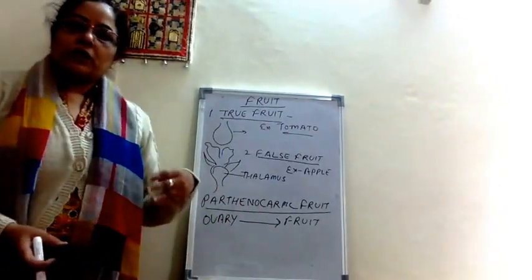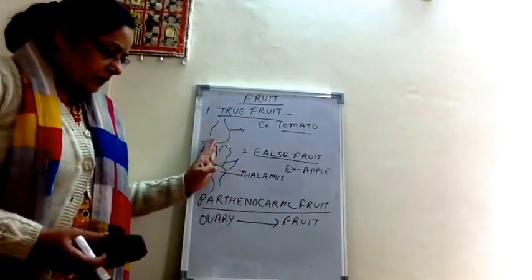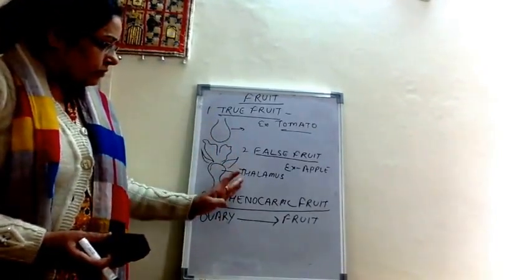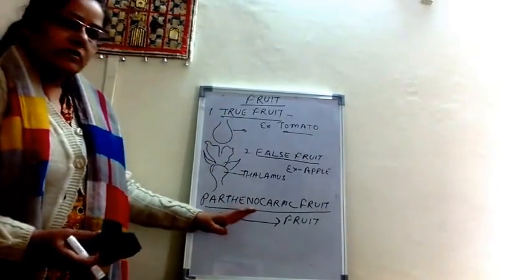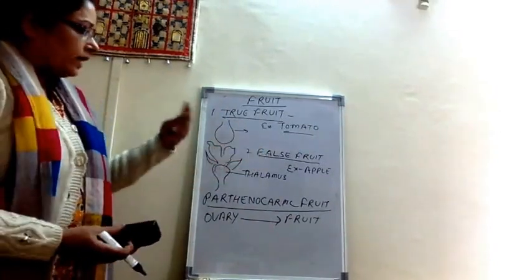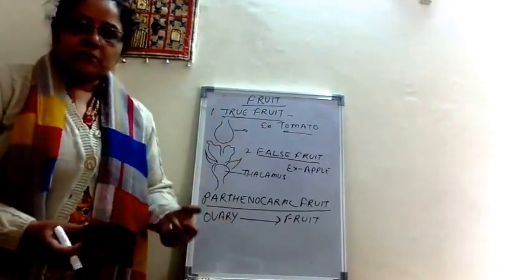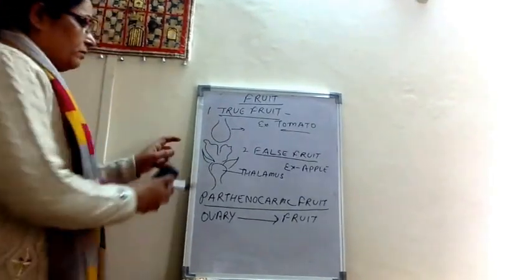Now we come to the other types of fruits. These are the two types, true fruit and false fruit, and the third one is parthenocarpic fruit. Now we come to the three main types of fruit: simple fruit, aggregate, and multiple.